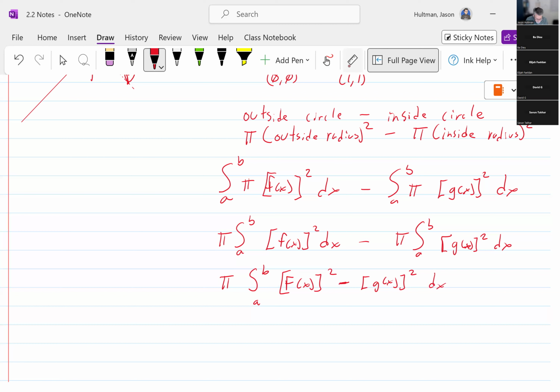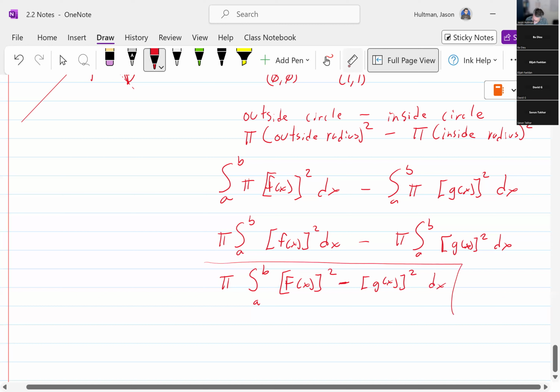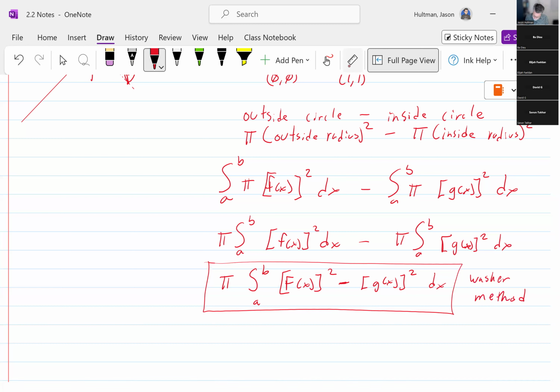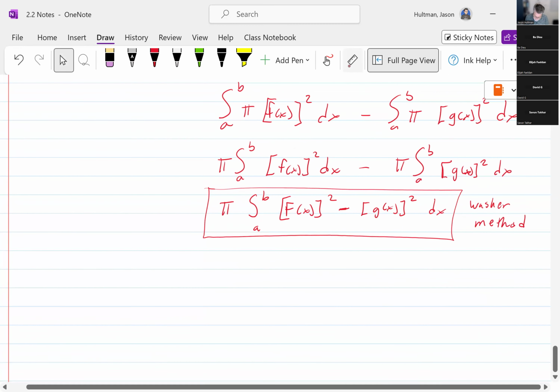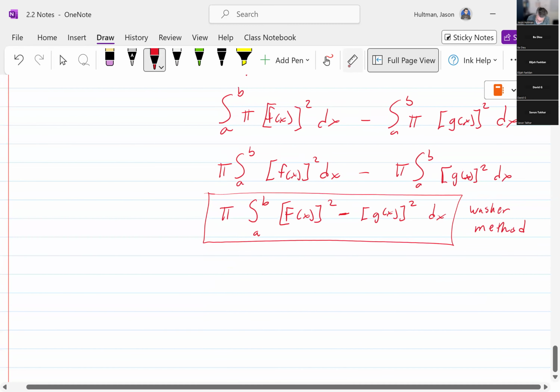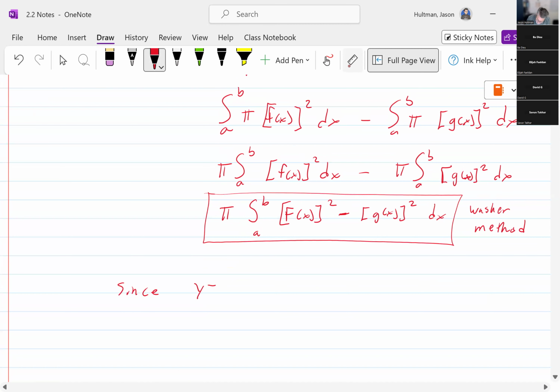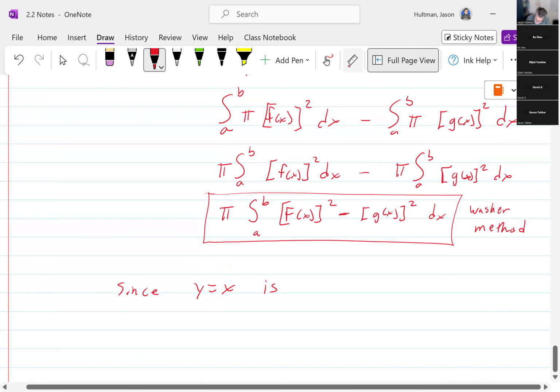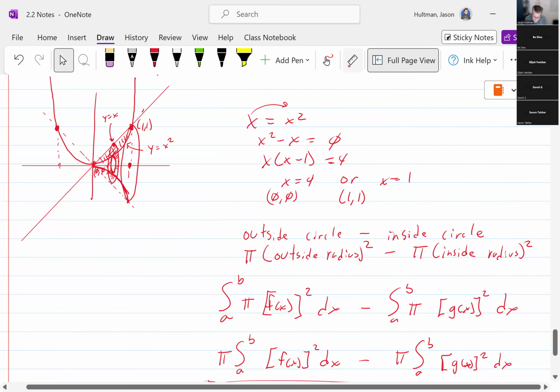Okay, and this is called the washer method. It's when I have a disk inside of a disk. I still call it the washer method. I'm going back, since y equals x is above y equals x squared in our picture.